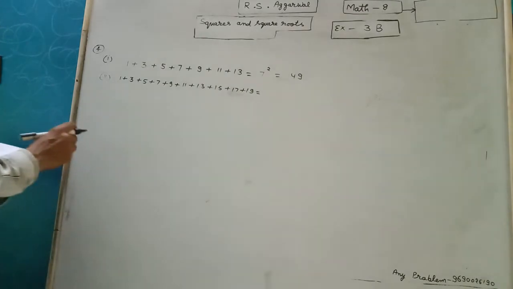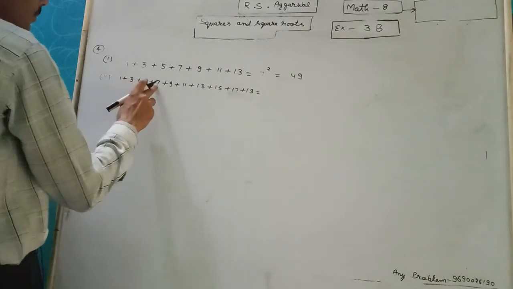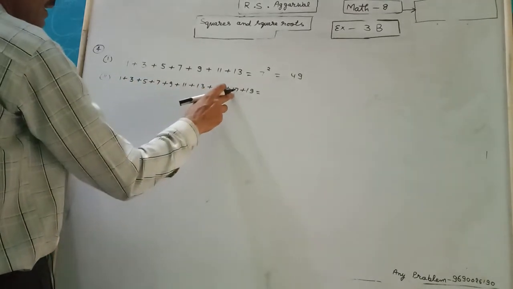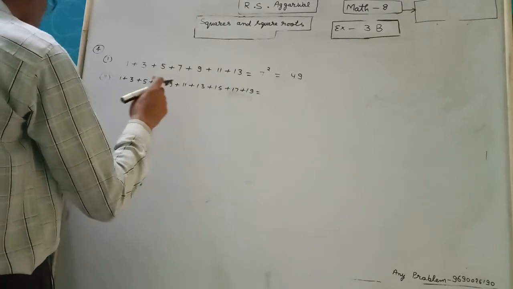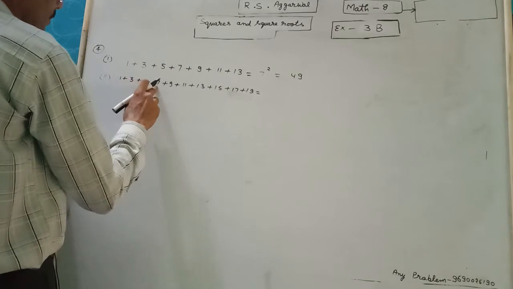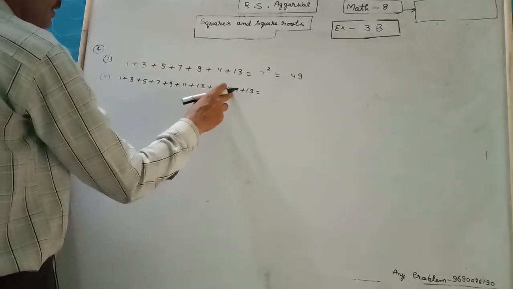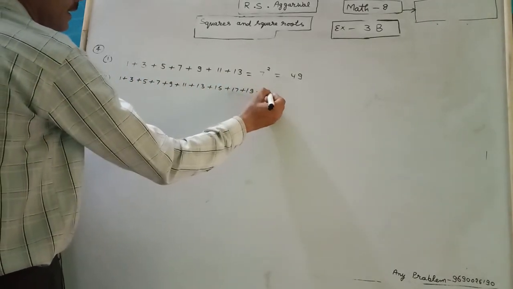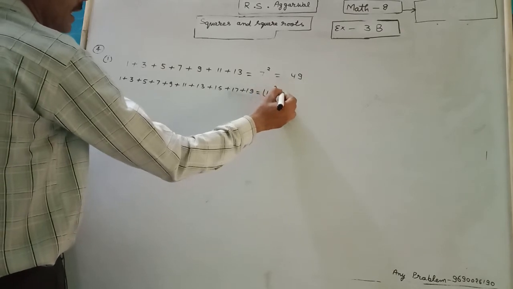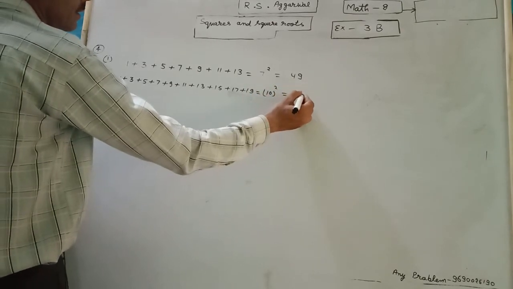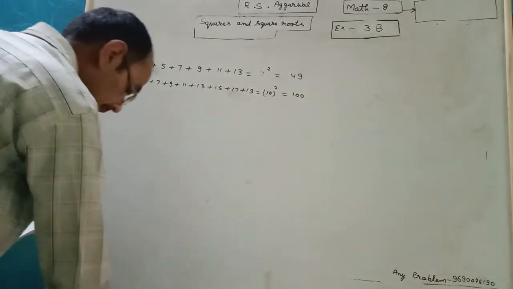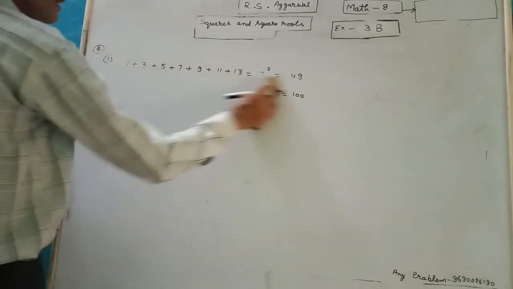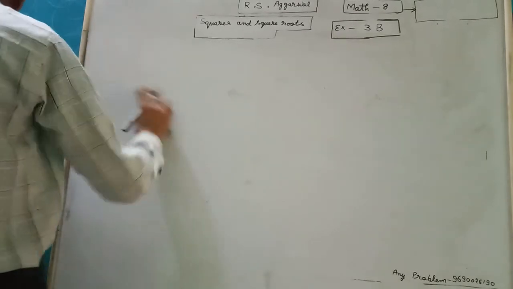Count the number 1 2 3 4 5 6 7 8 9 10. 10 is 10 square. 10 square will 100. Third part, you can solve question number 5.